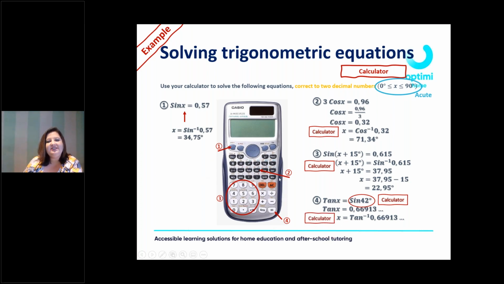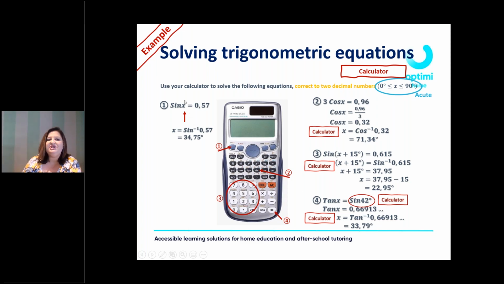You'll say shift tan, in this case, 0.66913 and carry on as long as you can, and then equal. And you will get that x is equal to 33.79 degrees.